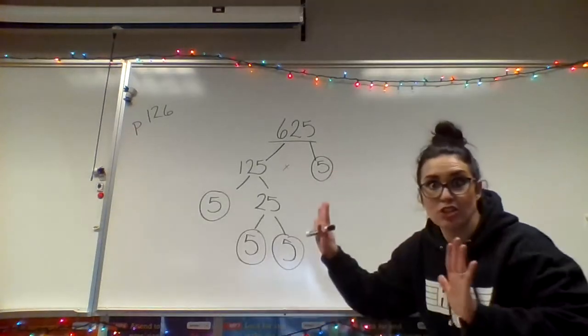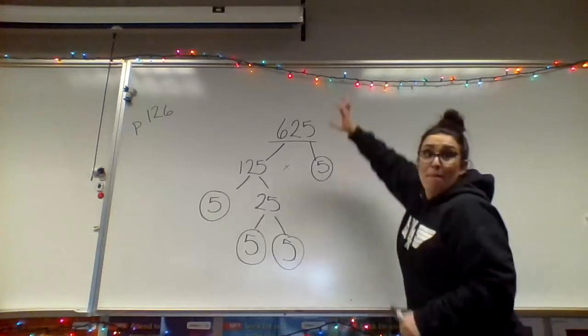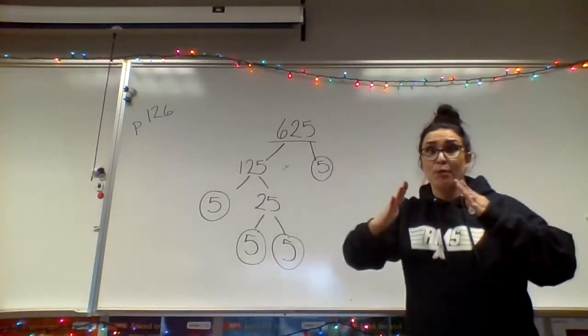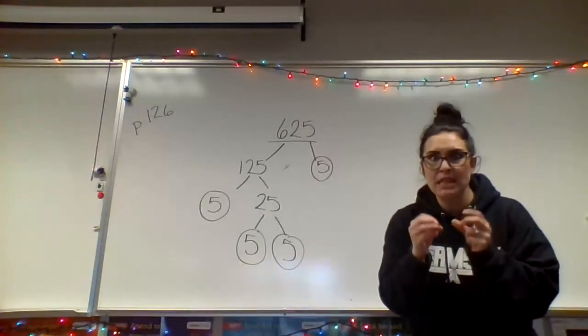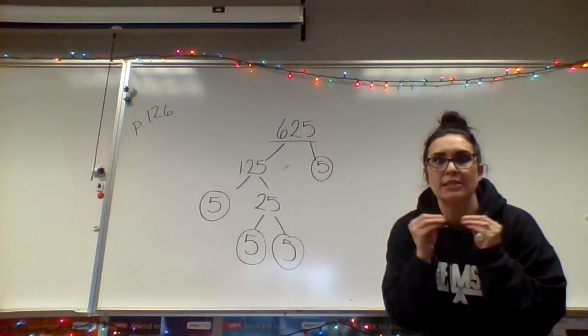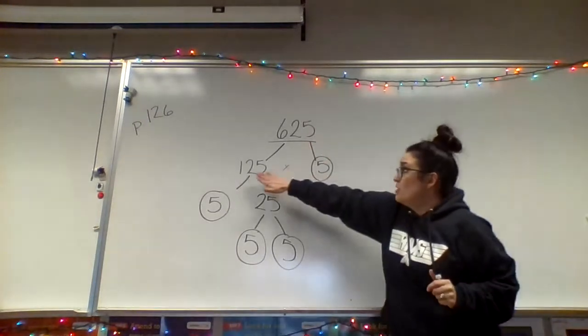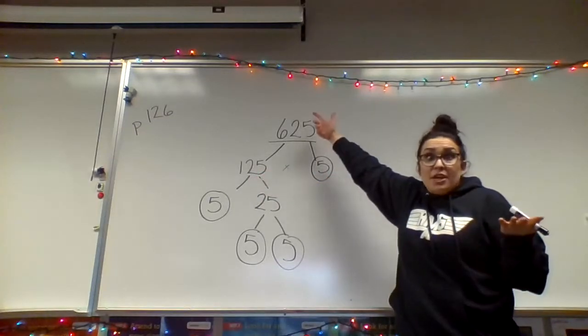Check it out. So we know, my friends, that we took this big old composite number, 625, and we started breaking it apart to get different factors so that we could get this number in the smallest terms that I could possibly write it in, correct? So we broke it down. We knew that 125 times 5 equals 625.